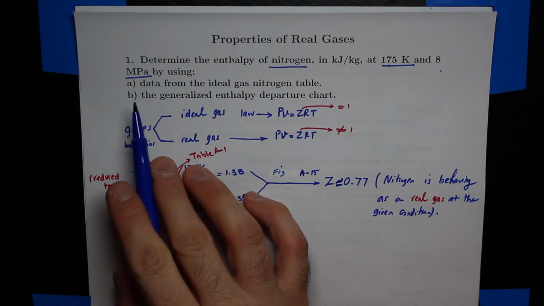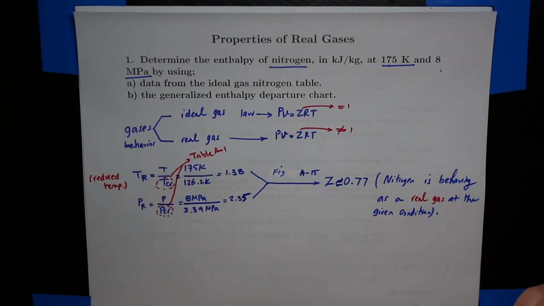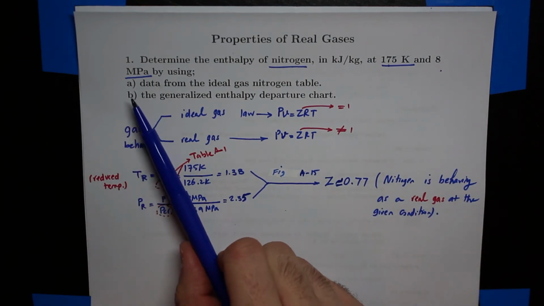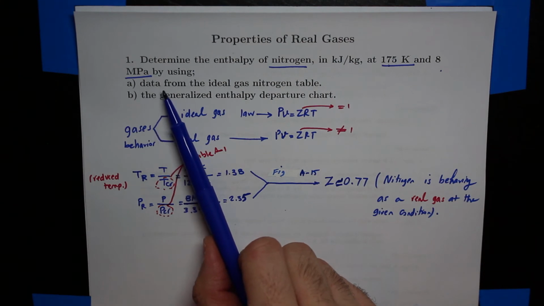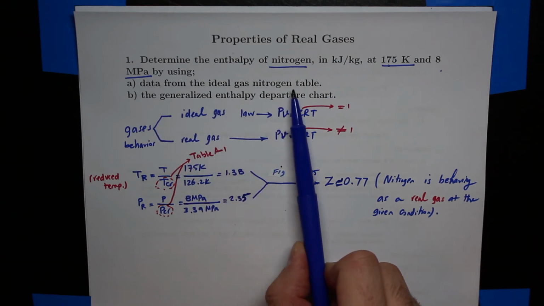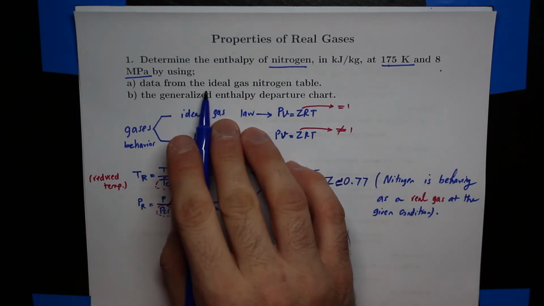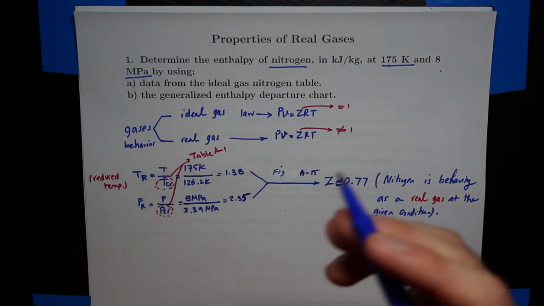Okay, so in part A, well, again, the question didn't really ask for this calculation, but that was just for practice and to see whether the gas is behaving ideally or not. In part A, the question is asking to use the ideal gas tables. So definitely the title reads ideal gas.